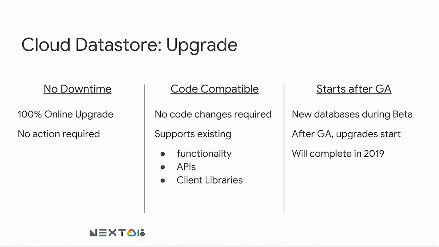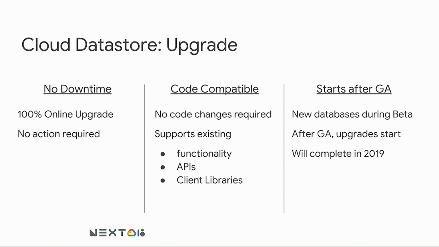Just want to quickly touch on the upgrade, because I know a lot of you who have got Cloud Datastore databases are wondering how this is going to happen. We are doing the upgrade for you. The Google engineering team is going to be live migrating the information from Cloud Datastore to Datastore mode without any downtime. We will send announcements out about this to our user base in the coming weeks.